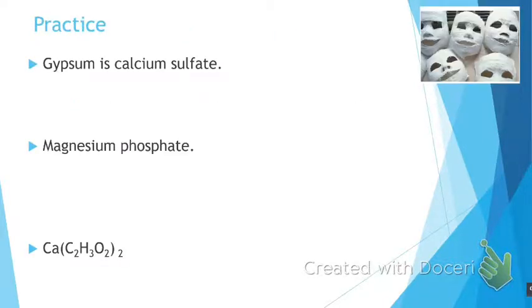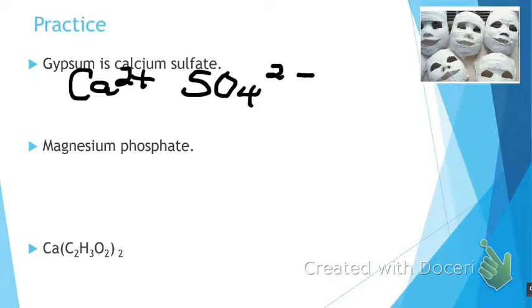Okay, let's practice a few more. The actual chemical compound for gypsum that made up those masks is calcium sulfate. Let's practice that one. What's my ion for calcium? Ca2+. Sulfate, you know that because you've been studying Nick the Clam. Sulfate, think of supper, SO4 2 minus.